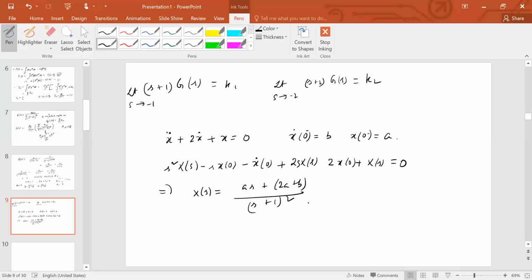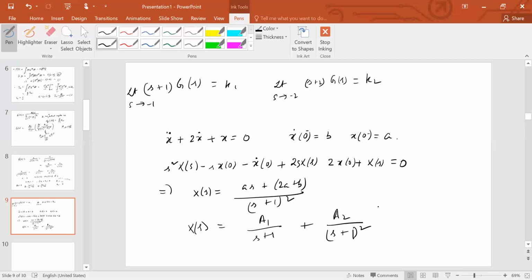All right. Now, how do you go about this? That is an important question. My claim is that you can always write X(s) in this form: A1 over s plus 1 plus A2 over (s plus 1) squared.